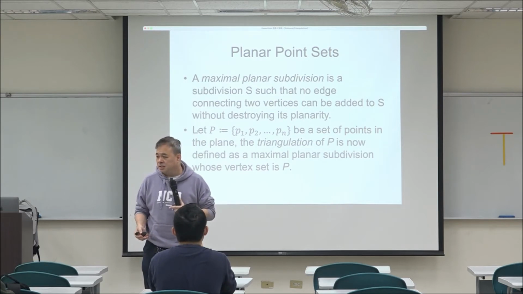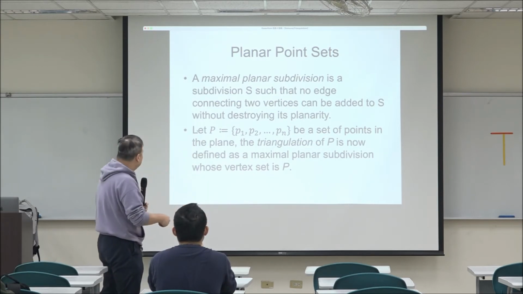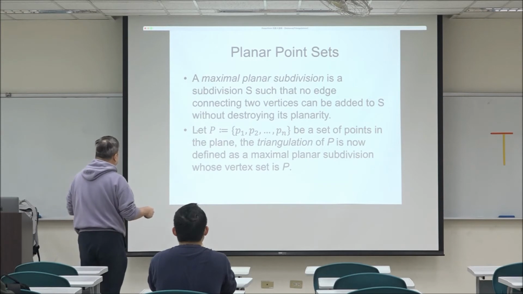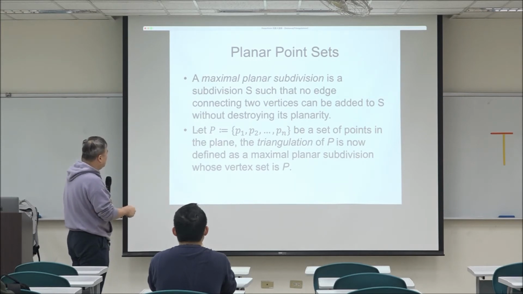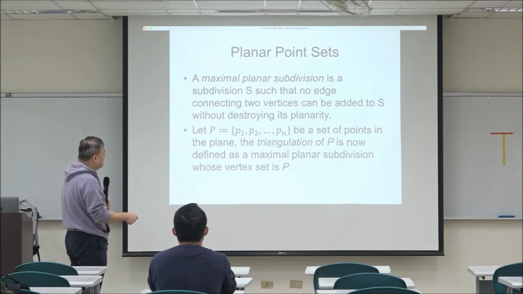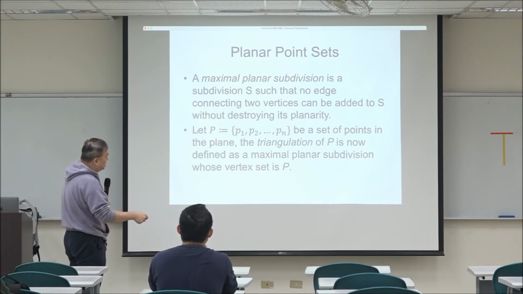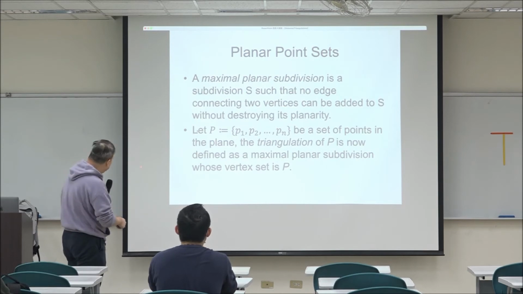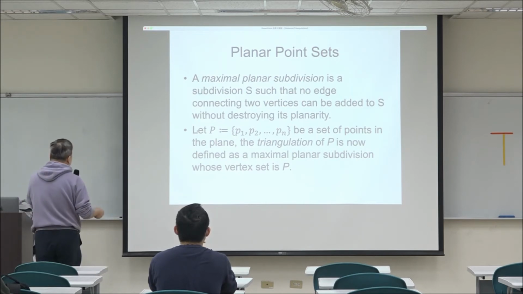So let P, the point set with n points, be a set of points in the plane. The triangulation of P is now defined as a maximal planar subdivision whose vertex set is P. As I said, this should be obvious to you guys.